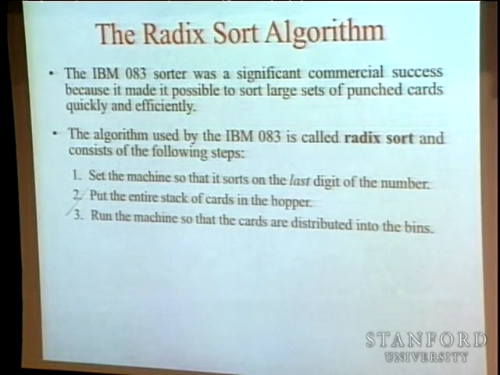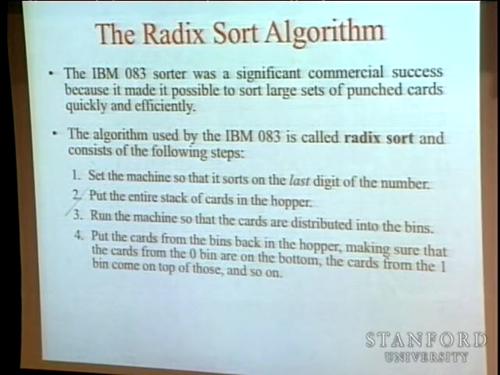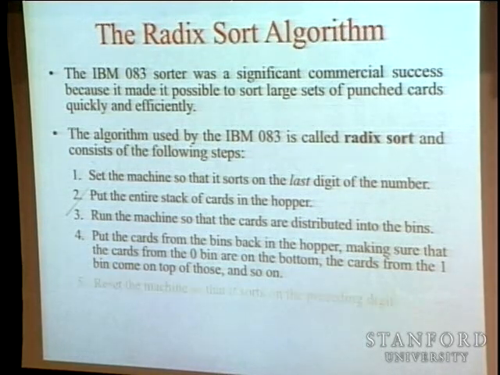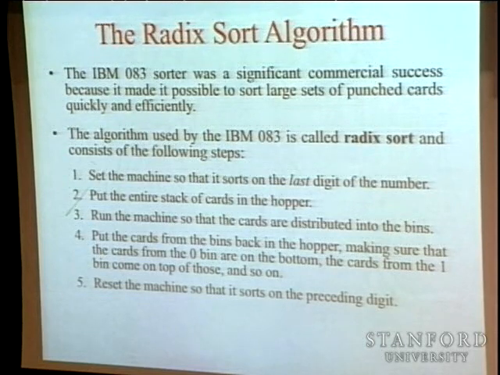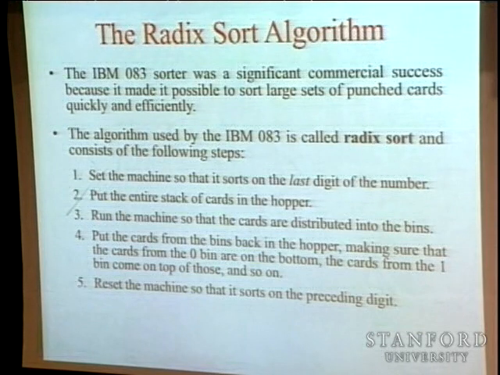All right, so run the machine again, but the second time you run it, have it sort them in the order of the second digit in the numbers. And assuming that we have 3-digit numbers, now the cards are all going to be sorted within their bins with respect to both the last digit and the second to last digit.